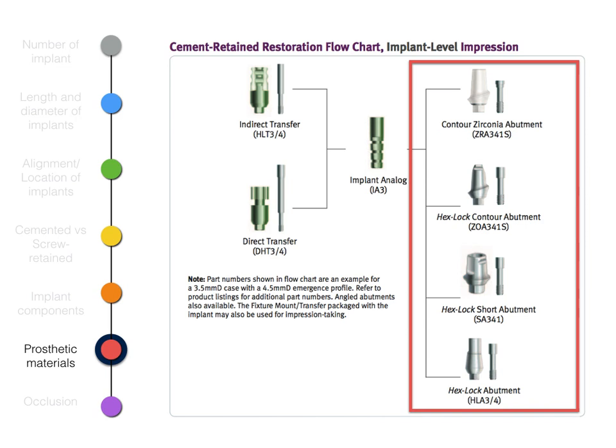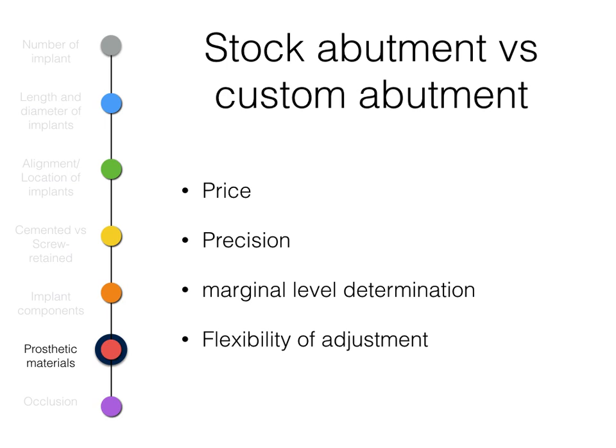However, sometimes we still need to choose the custom abutment. The custom abutment means that each patient has a different abutment design. So as you can see, the price of a stock abutment will definitely be cheaper than the custom abutment because you don't need to customize.